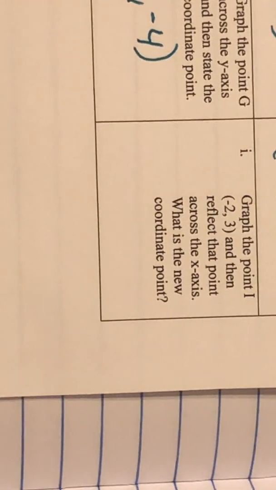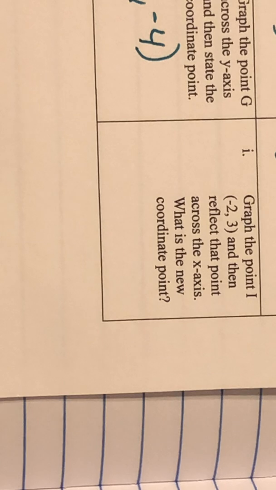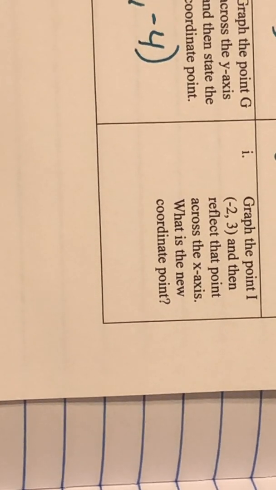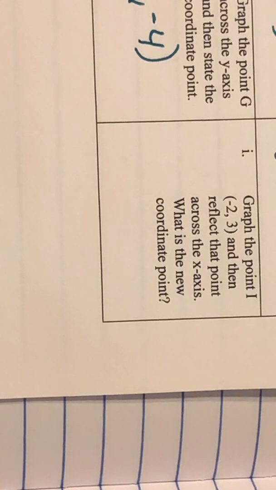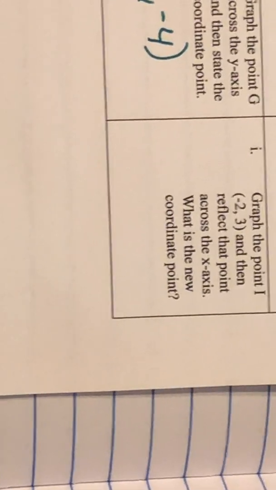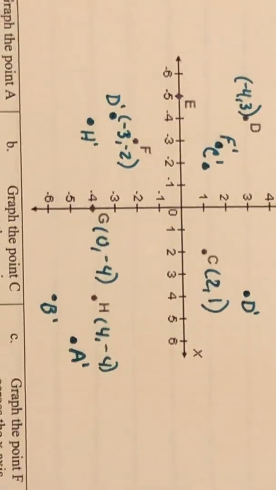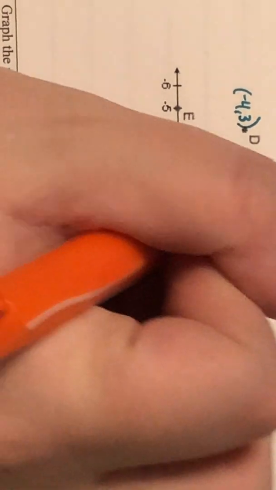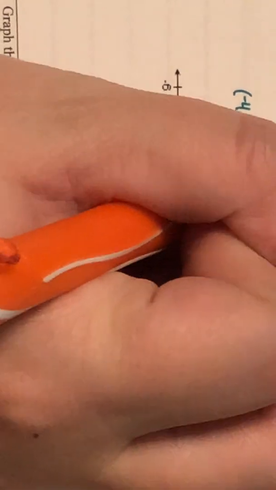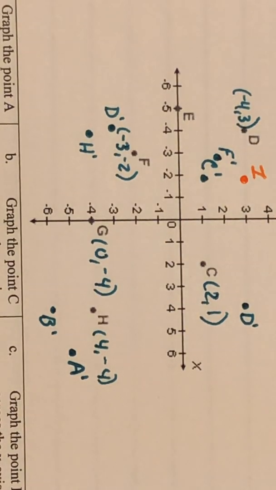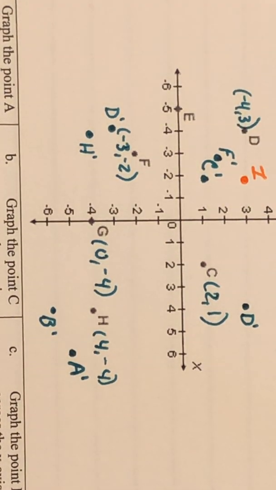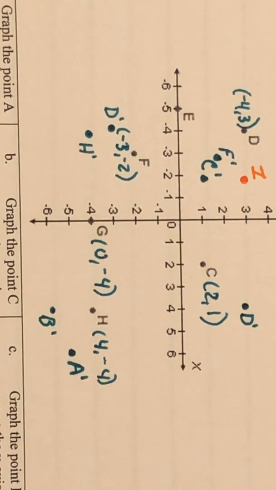Letter I says graph the point I (-2, 3), and then reflect that point across the x-axis. What is the new coordinate point? So graph the point I (-2, 3), so there's I. Okay. And I want to graph it across the x-axis.